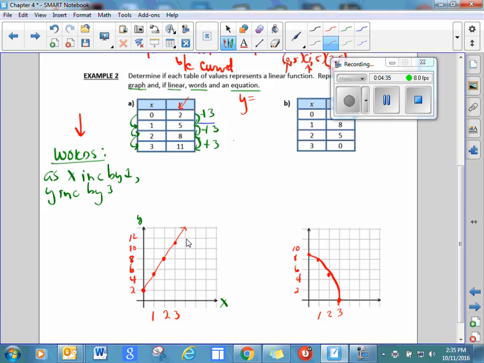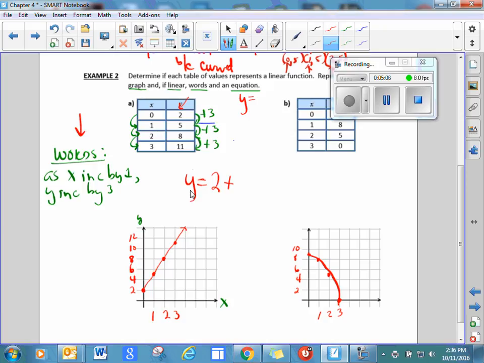So here's my graph. And now the last part of this is writing the equation. So this is always how I start. I say y equals, and I want to know where is y when x is 0. When I have no x's, where is y? He is at 2. That's my constant. And then the pattern says, for every single x that I have, you go up by 3 times that amount.